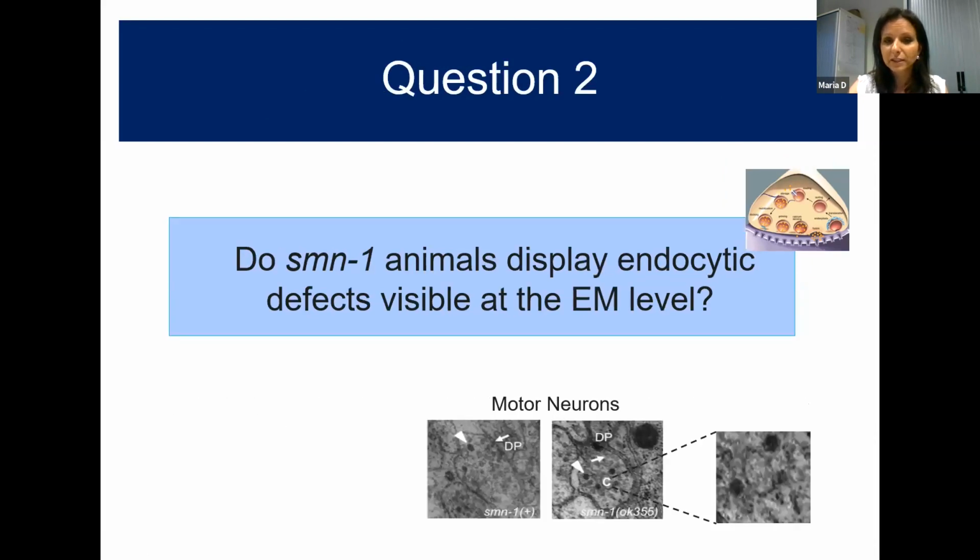And then the other important thing is, if we can see that there are defects in these proteins, how do these motor neurons actually look in an electron microscope, so we can see great details in the motor neuron. So we want to find out whether by looking at the motor neuron in the worm model, we can see endocytic defects, whether, for example, these vesicles that I was showing you before are not localized properly.